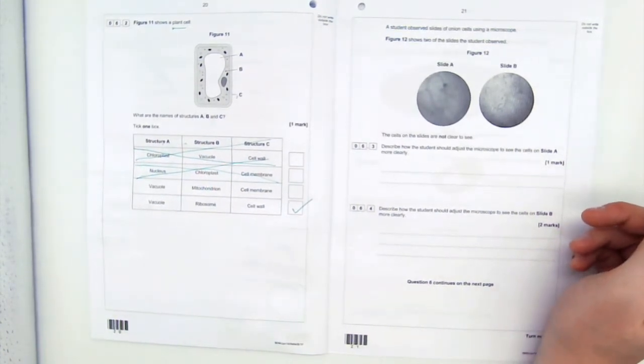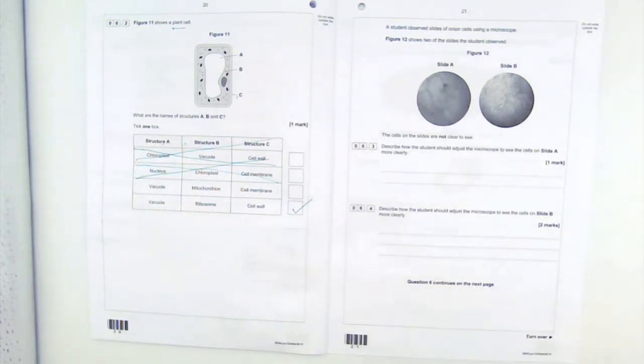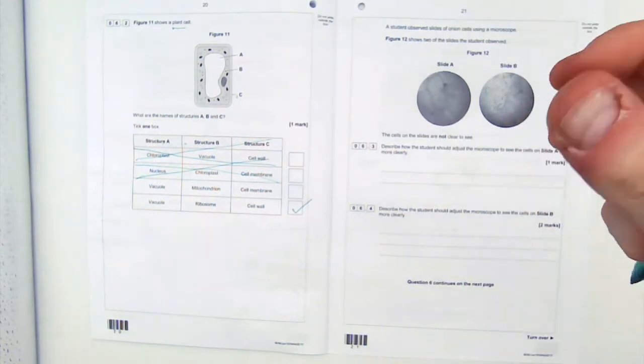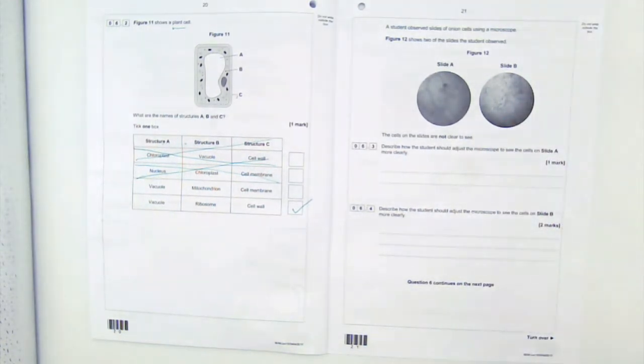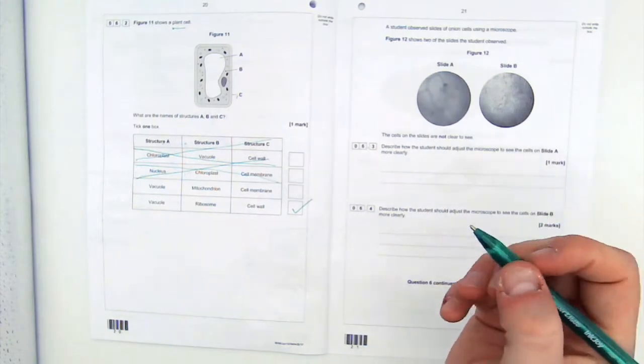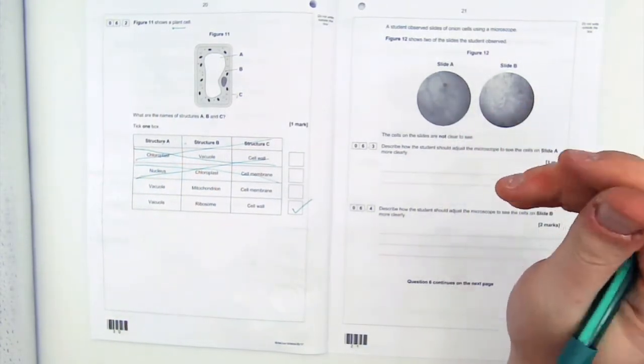So hopefully this is really asking you about microscope technique, and asking you how do you focus a microscope. And hopefully you'll remember that there's a kind of a focusing knob that you can turn, and that will adjust the height and therefore focus it. Because this is so zoomed in, I don't think it needs that much.